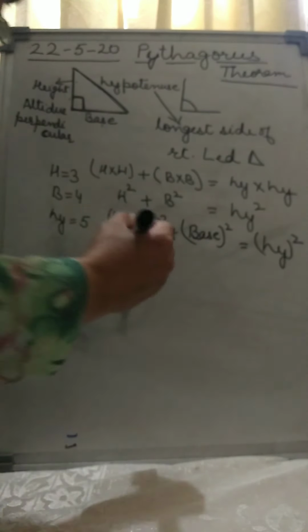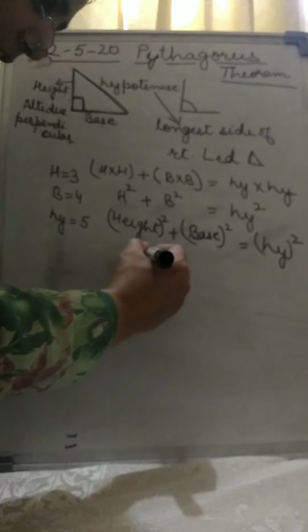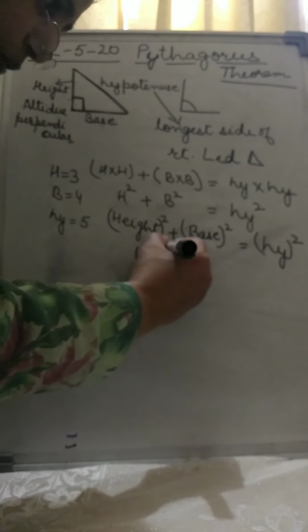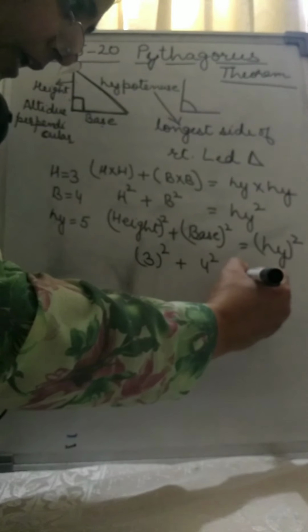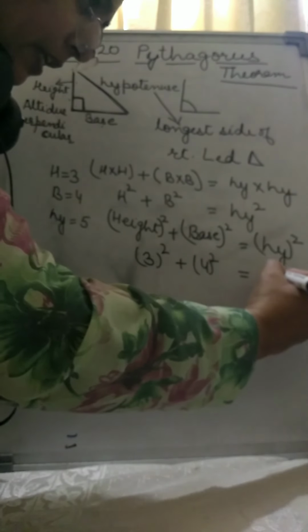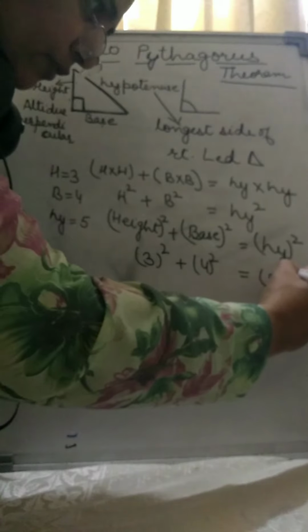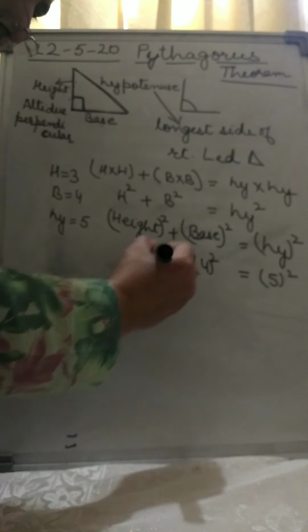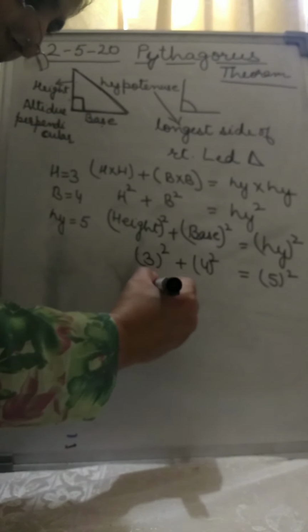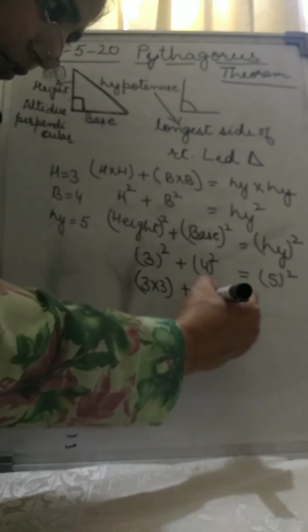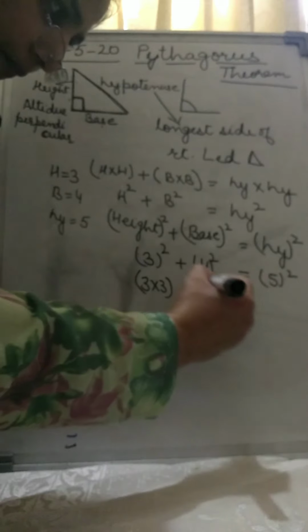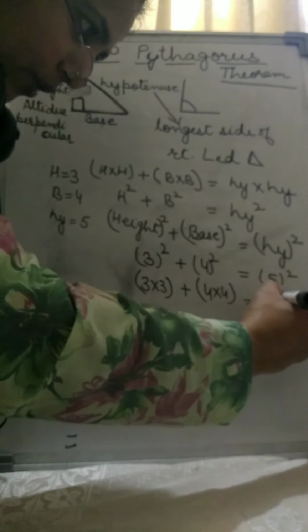Now we will check whether this is okay or not. Height is 3, 3 square; base is 4, 4 square; and hypotenuse is 5 square. 3 square means 3 multiplied by 3. 4 square means 4 multiplied by 4. And 5 square means 5 multiplied by 5.